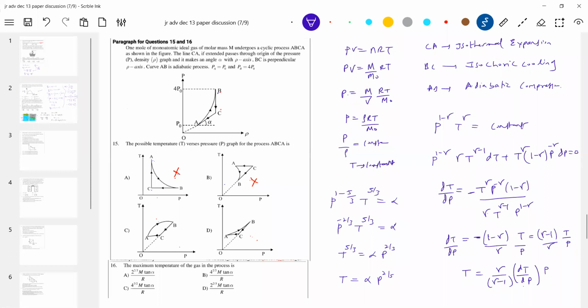How should the graph be? From mathematics, 1 by 3 gets cancelled, so 2 by 5 will come. This curve is what we have to plot. Even alpha will be some value.